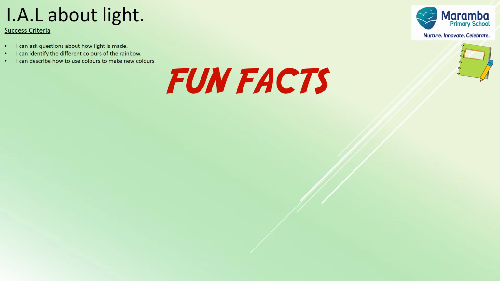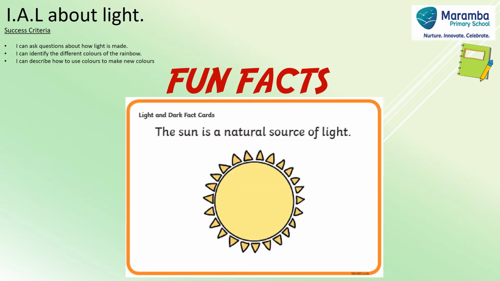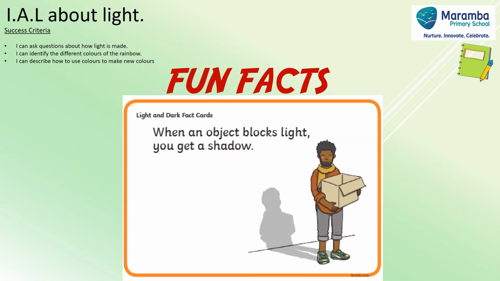So let's have a look at some fun facts. The sun is a natural source of light. When an object blocks light, you get a shadow.